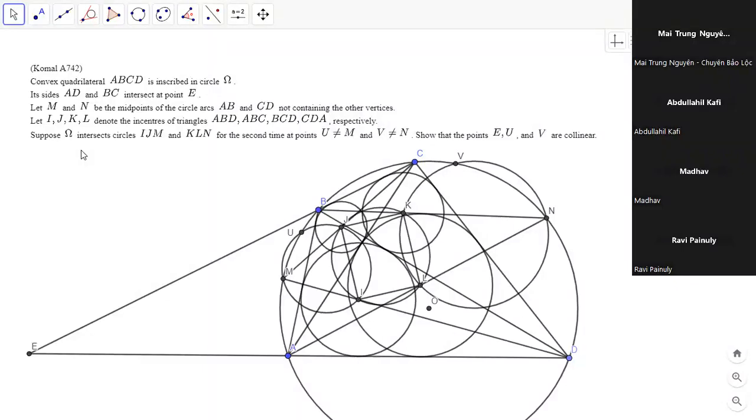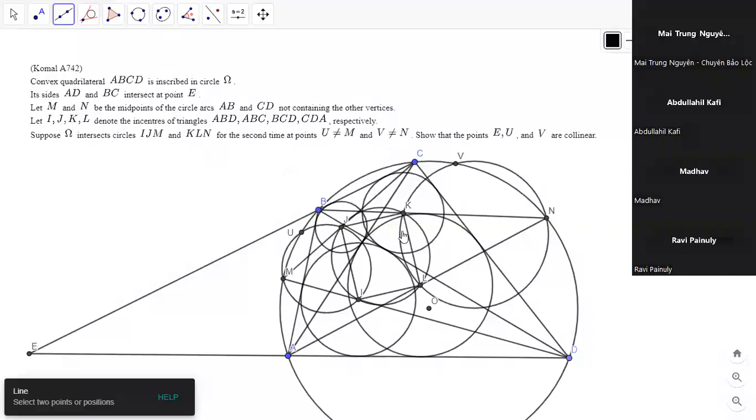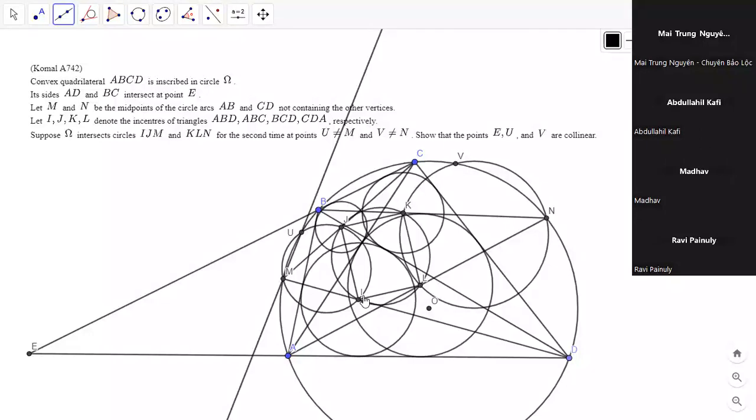So yeah, E, U, and V. How do we do that? So angle UJI is UCB. Do UM, BA, and JI concur? Yes, they do by the radical axis theorem. Ah, good point. And then we could draw the other one too.